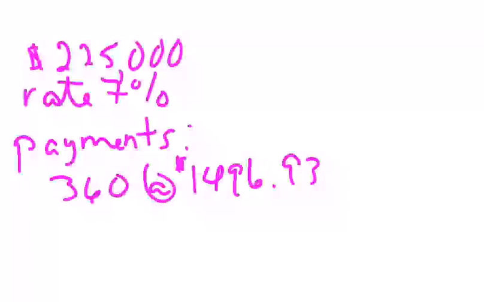Now 360 payments. So we have to remember that mortgages are paid monthly. And so each month you're making that payment of $1,496.93. And so if we were to figure out how many years that is, we know that we're making 12 payments each year. And if I made 360 total payments, if I divide that by 12 to figure out how many years, that means that this is a 30-year mortgage.